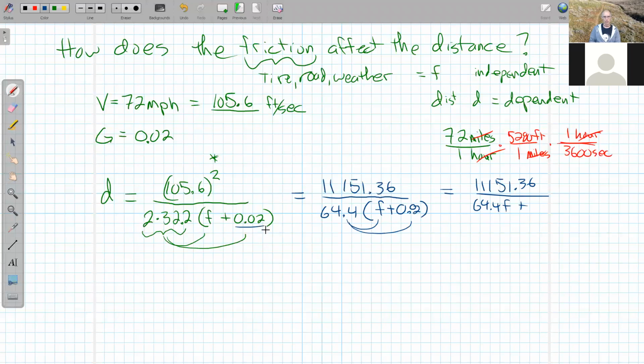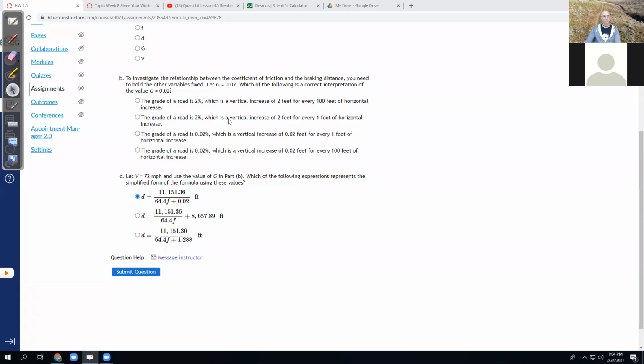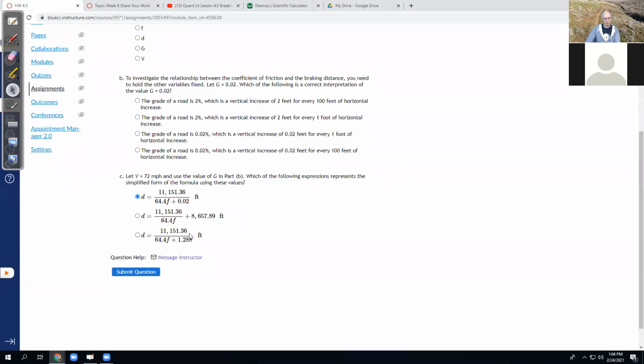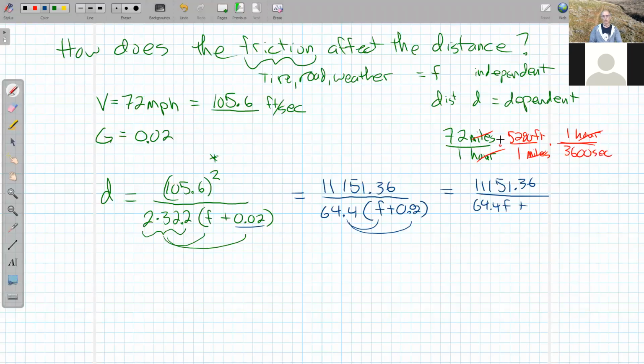Copy that correctly. 64.4 and, Desmos. 64.4 times 0.02, I get 1.288. Oh, and there's the 1.288 right there without the parentheses, so I think that looks like the right one.